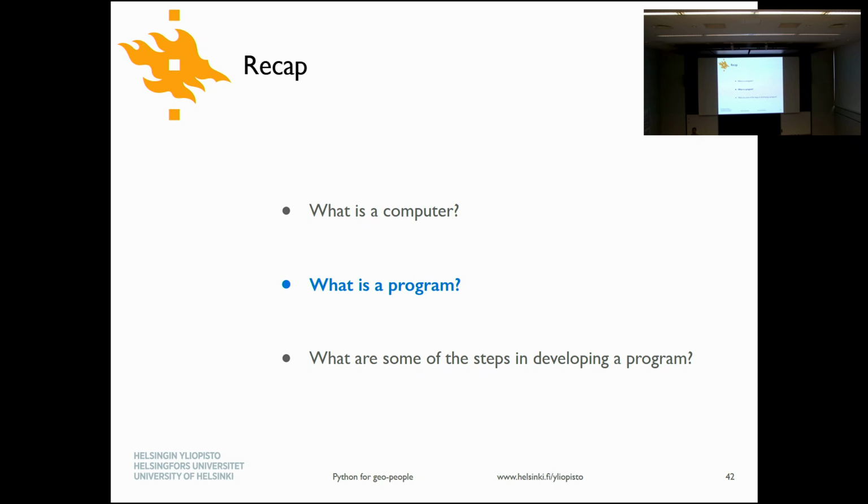As I said, the instruction, the changeable part of the computer, because you often don't change the hardware to get a different output. So the program is the soft part, or the software. And we already talked about some of the steps you need to take in order to develop a program.